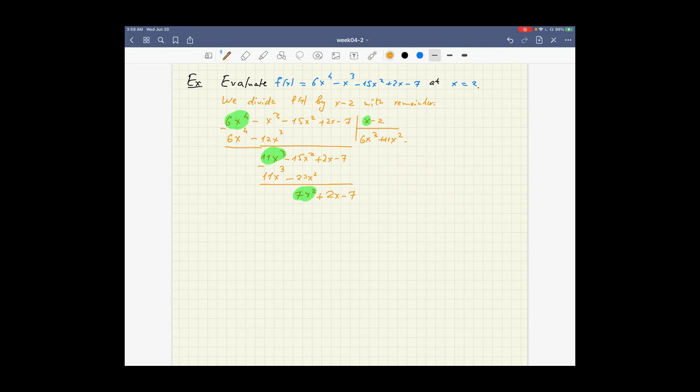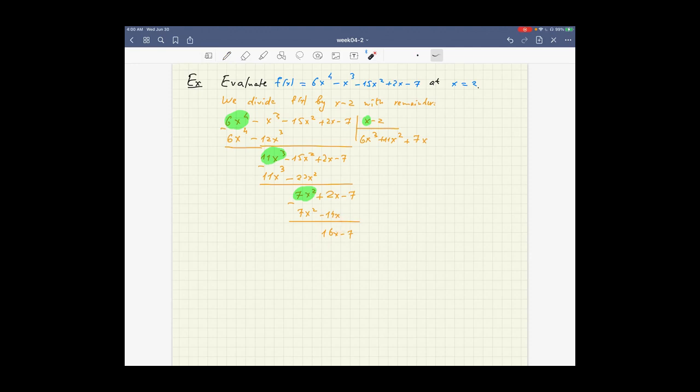So 7x is the next term in the quotient. And now we multiply 7x by x minus 2 to get 7x squared minus 14x. The difference is 16x minus 7.